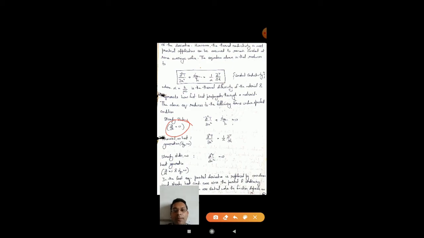That means the properties do not change with time. Then in that condition, this term is 0. Hence, the equation can be written in this form.